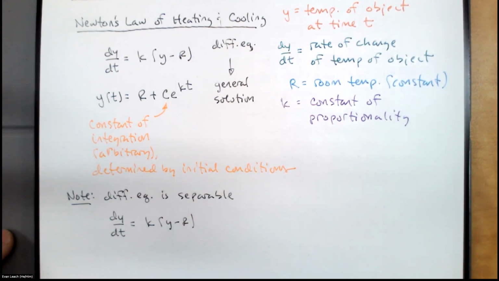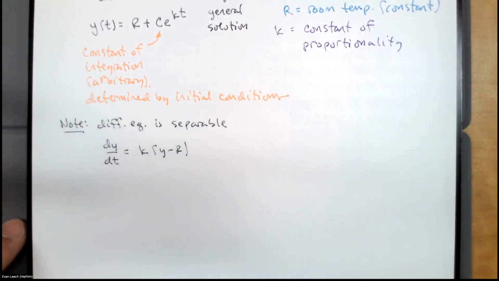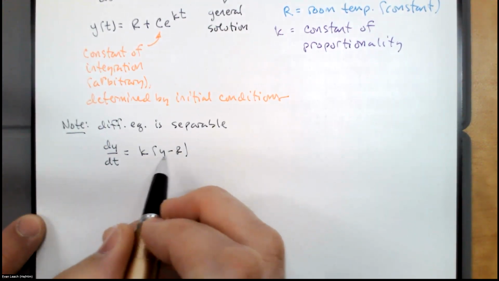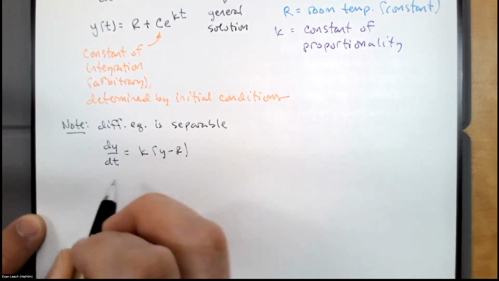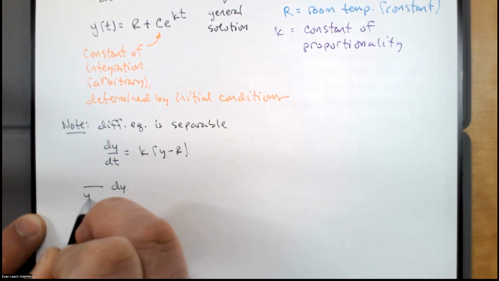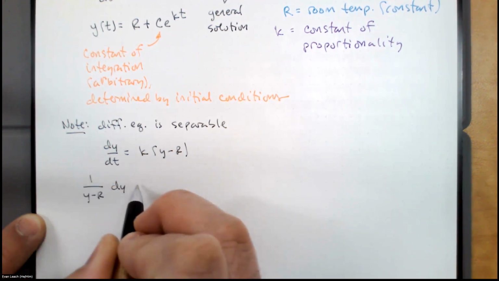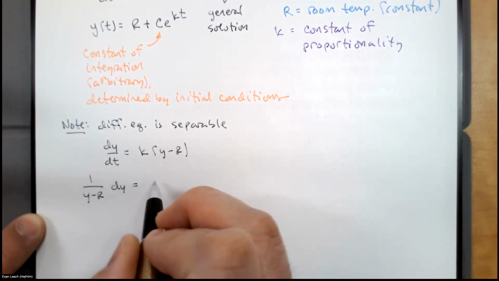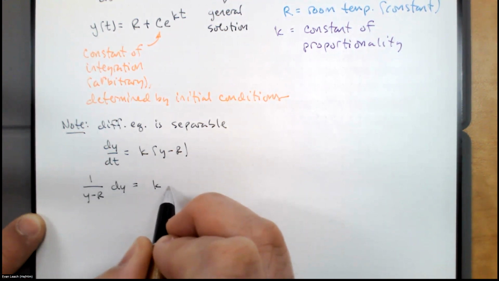So we can use our strategy of separate the variables and then integrate. I'm going to put the y factors on the left with the dy, and I'll put the dt factors on the right with the k.